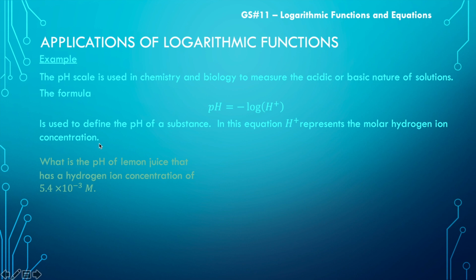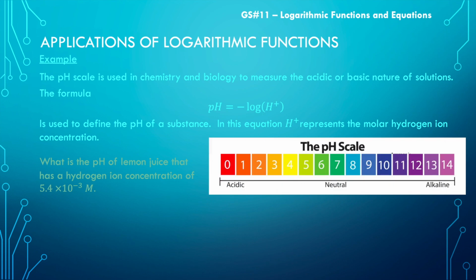Okay, so let us take a look quickly at the pH scale just to refresh our memory about what that looks like. And remember that the pH scale ranges from 0 to 14. So those lower numbers are the most acidic values, and the higher numbers are the most alkaline or basic values. And then 7, right in the middle, is considered to be neutral, neither acidic nor basic.